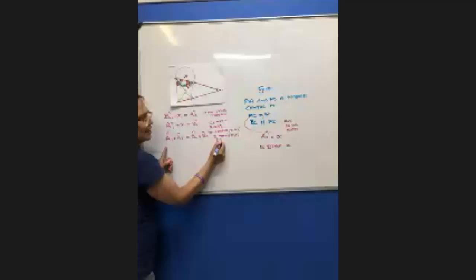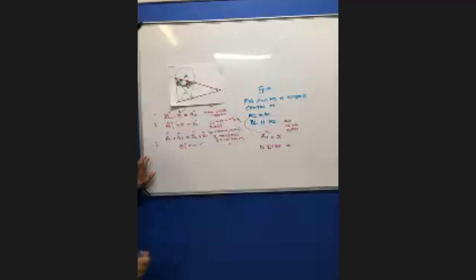Okay, can I carry on? Now, 5 minutes, ma'am. Angle here is this, that's alternate. P2 equals B2 equals x.